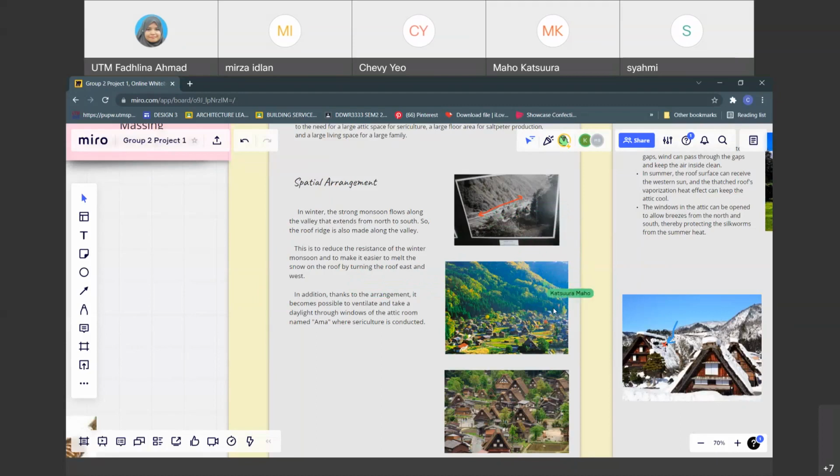In addition, thanks to the arrangement, it becomes possible to ventilate and take daylight through windows of the attic room named Ama, where sericulture is conducted.